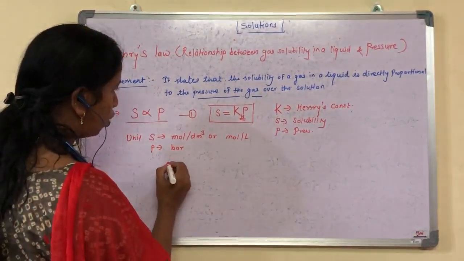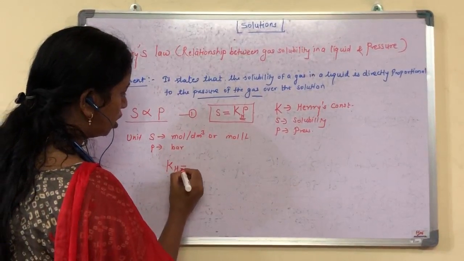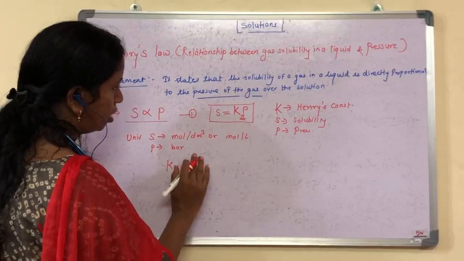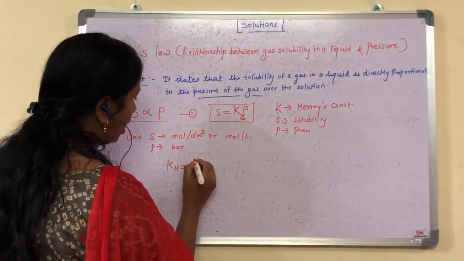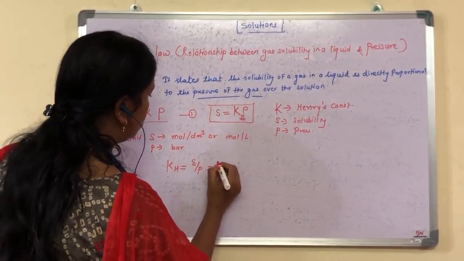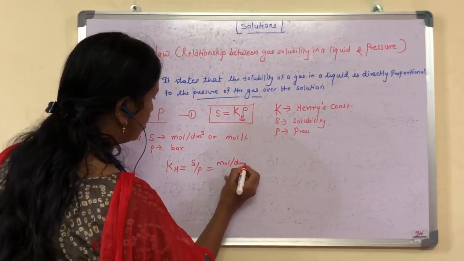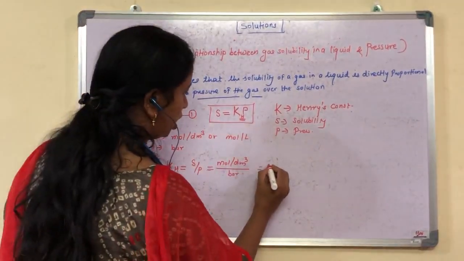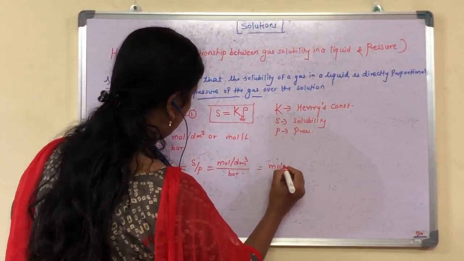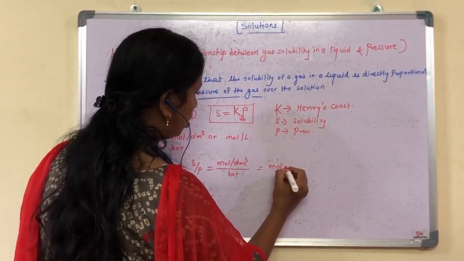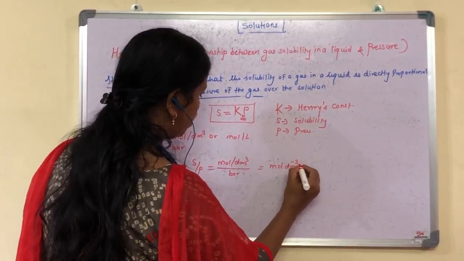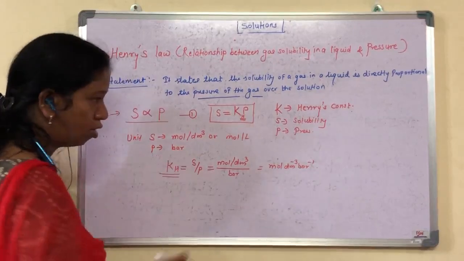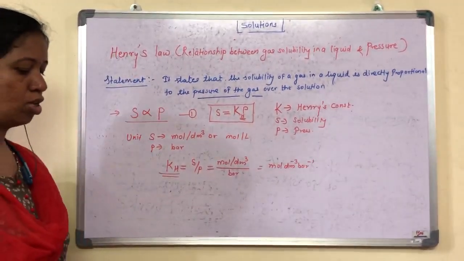Deriving the formula, K_H = S / P, so it is mole per dm cube upon bar. So the unit for Henry's constant is mole per dm cube per bar.